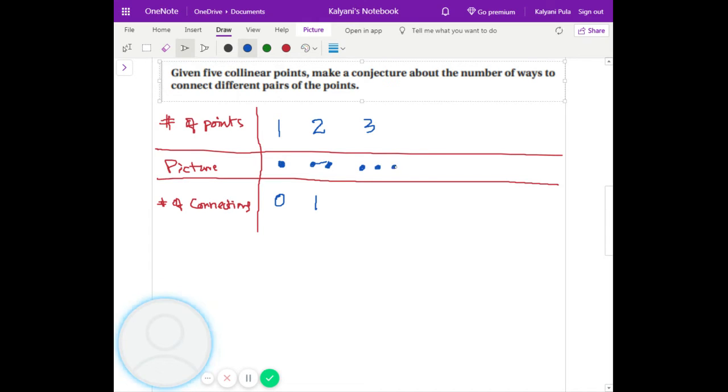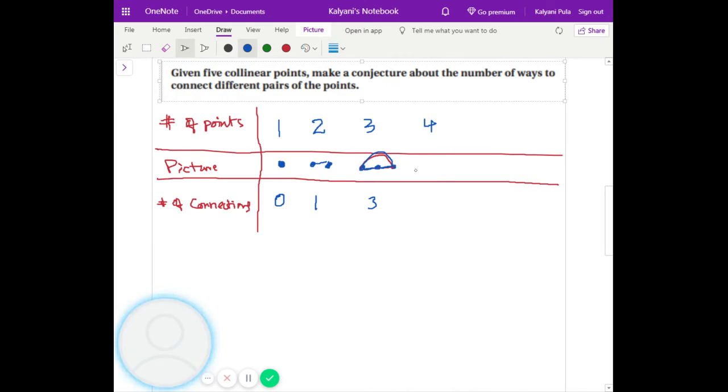How many connections can you make? 1? I think I can make 1, 2. This is kind of confusing. Okay, wait. So I can make 3 connections: first one is 1, and then 2, 3.